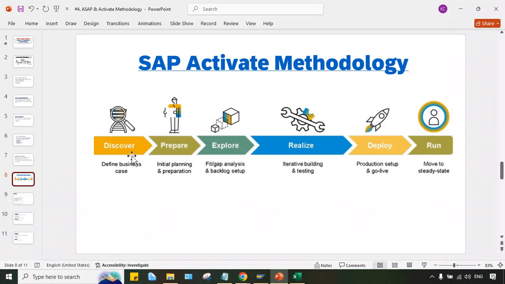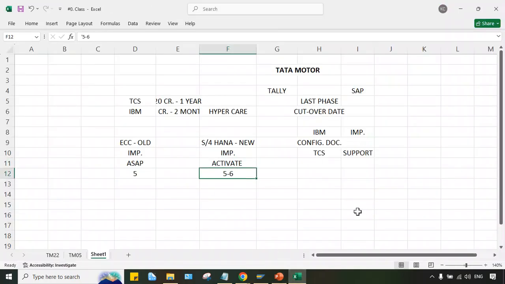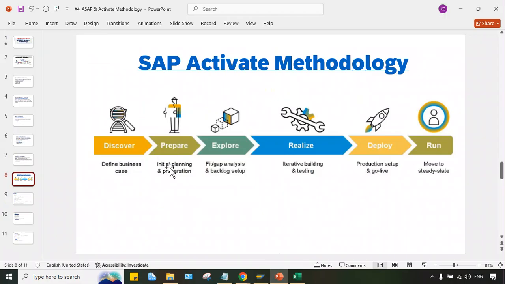But again, if anybody asks during an interview, you can say 6 phases also, discover, prepare, and explain all the phases. So I will also keep 6 phases here. But generally our consultant involvement will be there from the second phase onwards.